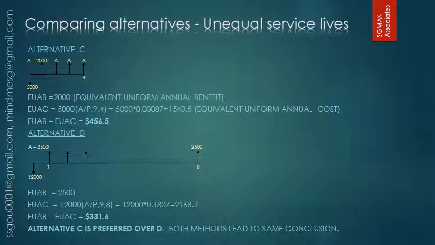So the net earning, or net profit, from this alternative is $331.60. Again, when you take a decision, you see that C is more profitable and more desirable compared to D, so we'll prefer C over D. We had the same conclusion when we used the net present value after equalizing the service life.